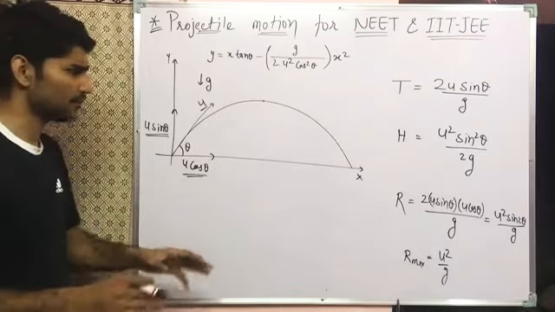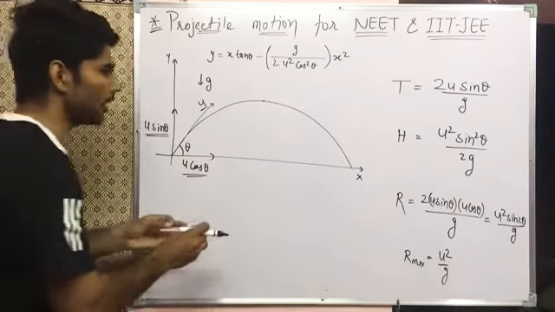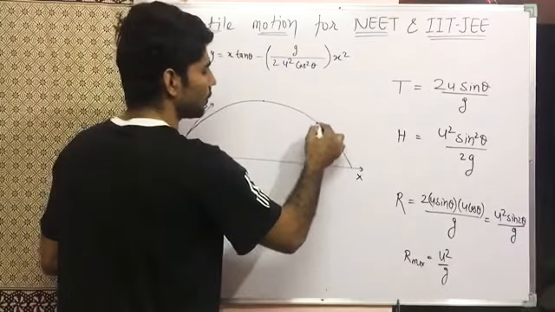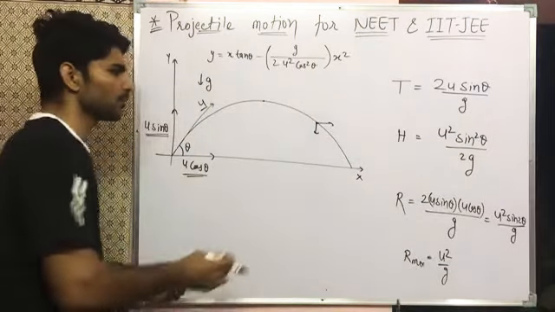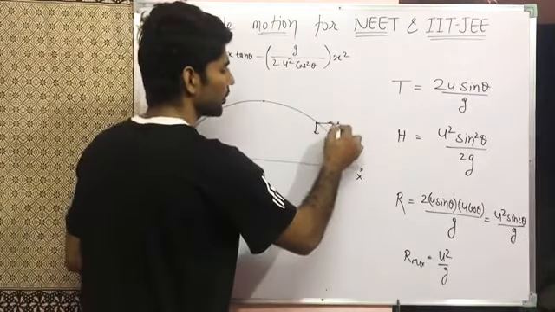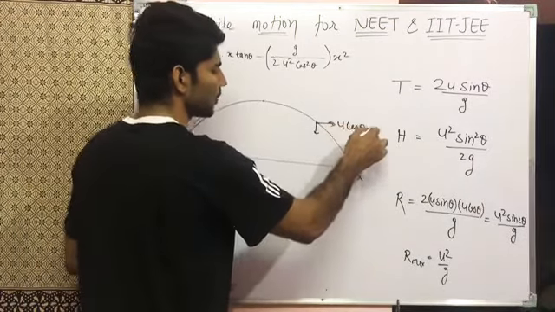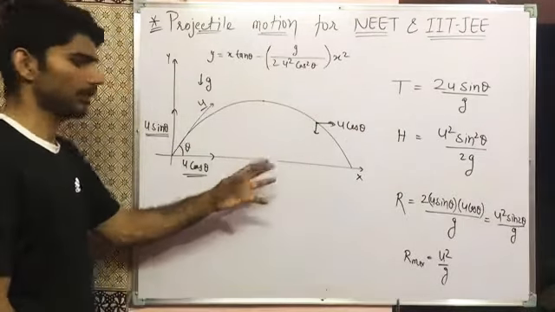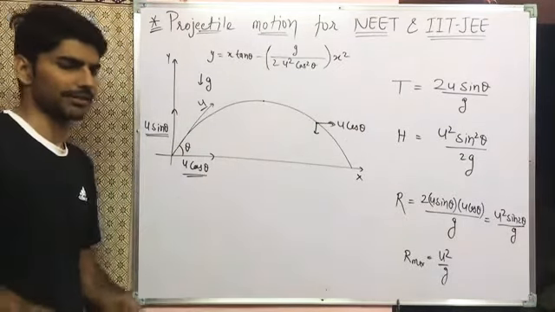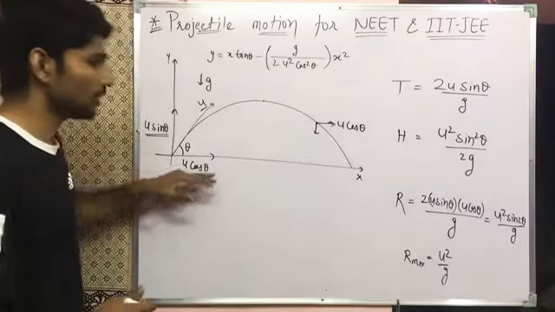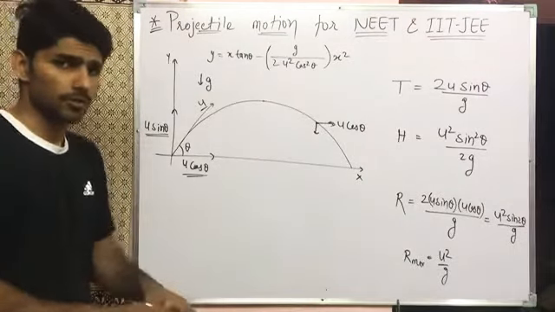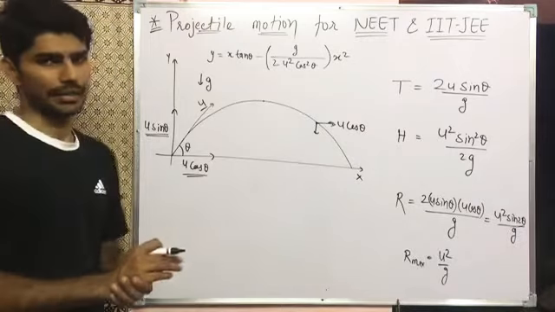Wherever the object is, if you are asked its velocity, there are two components, but the horizontal component is always u cos theta. The vertical component we don't know, and we will determine it from the given clues. But the horizontal velocity remains constant during the entire motion.